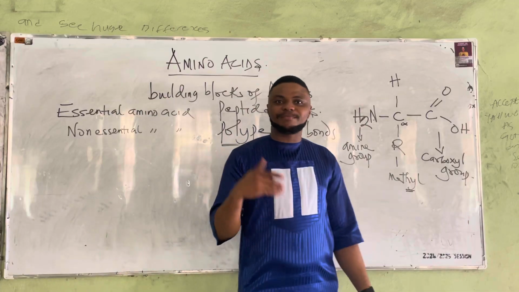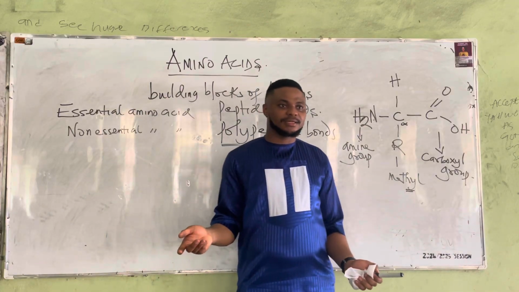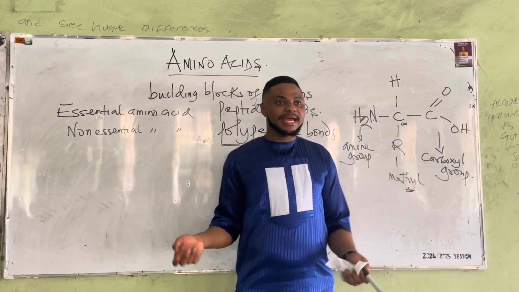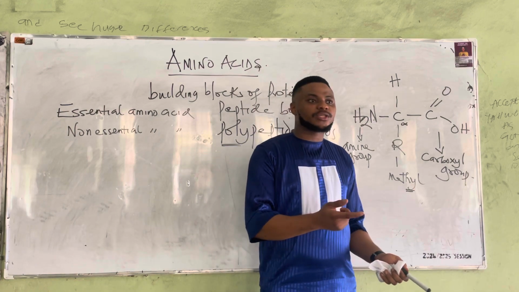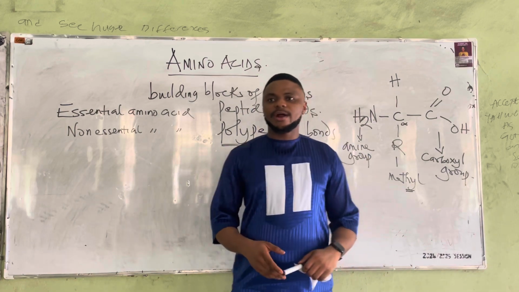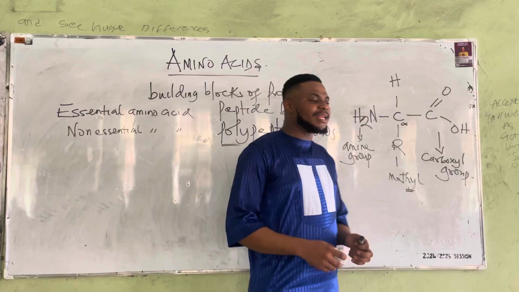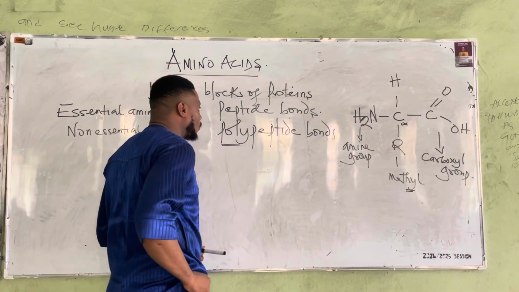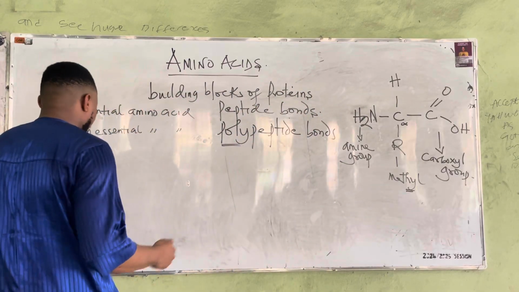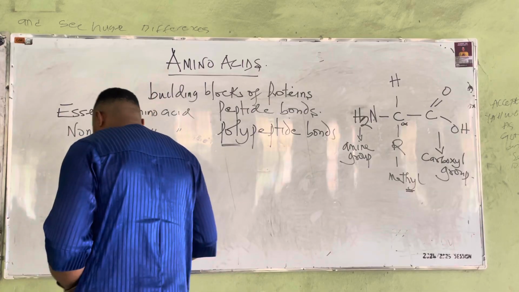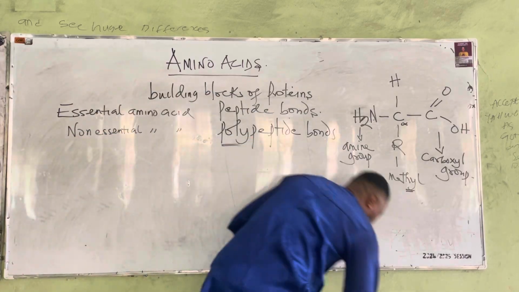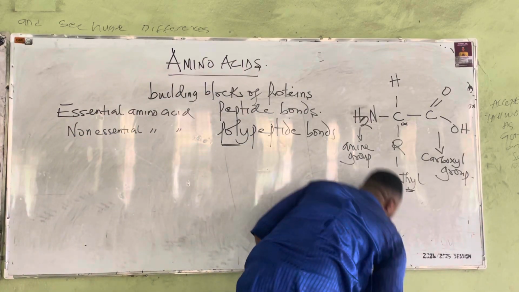Basically, they are not gotten from diet. The ones that are gotten from diet are essential. Alright. At this moment, I'm going to be giving you the list of the essential and non-essential amino acids. Quickly.